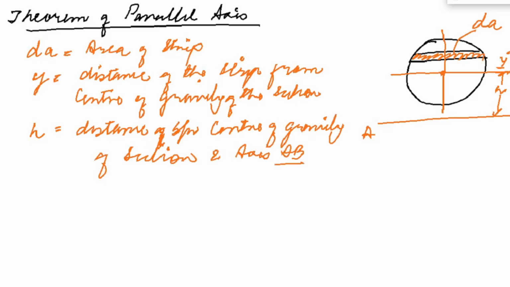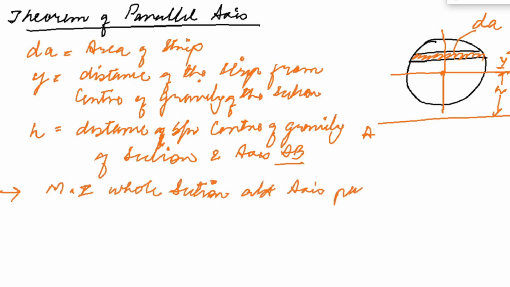Now, what we know here is when we are actually about to calculate the moment of inertia of the whole section. Can anybody tell me what is moment of inertia of whole section about axis passing through center of gravity?